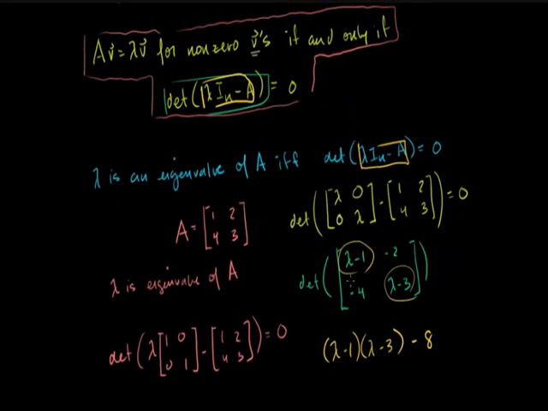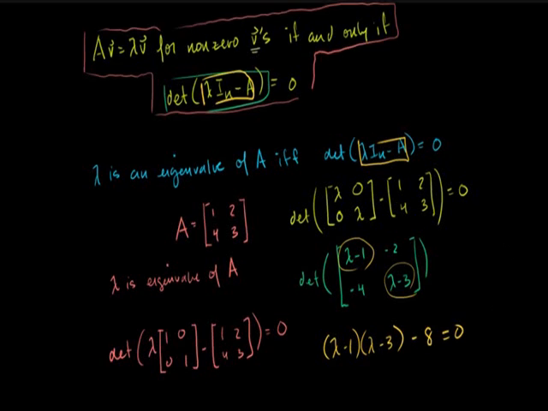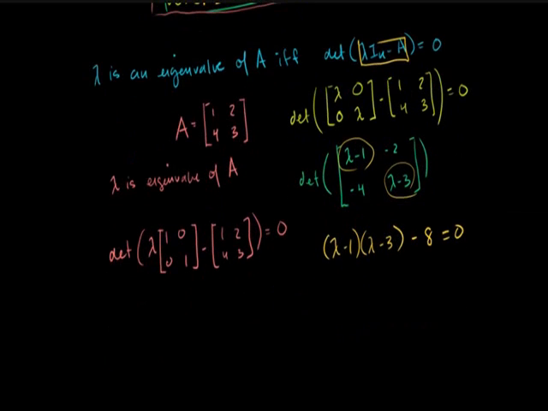This is minus 8, so lambda minus 1 into lambda minus 3 minus 8 must be equal to 0 to find the values of lambda. Now multiply lambda minus 1 into lambda minus 3.